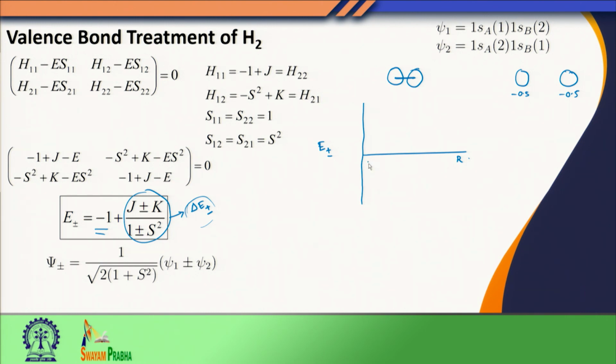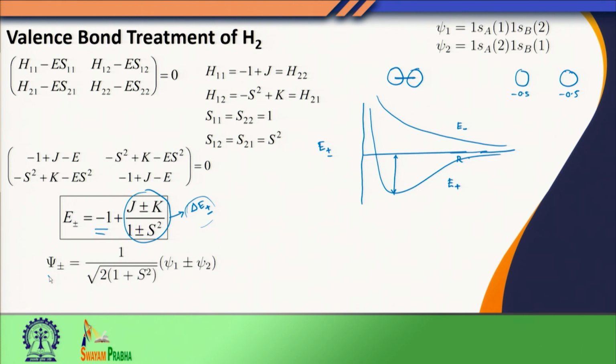So the two energies would look like this. This is E plus and this is E minus, for different values of r. At very large r, the two energies would be equal to each other, and when the two nuclei come closer, only E plus will develop a minimum, and this is your stabilization energy or the bond energy that we get by forming this hydrogen molecule.